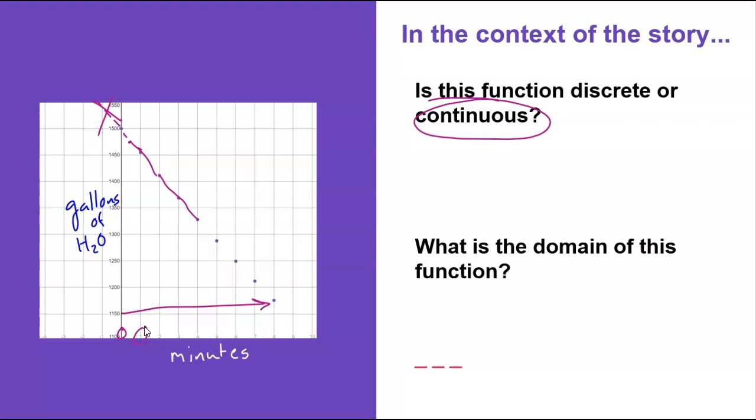Not just the integers. The integers are valid as well, but so is 0.5, so is 1.5, so is 2.2619. All of these numbers in between are valid. So our domain is going to start at 0, and it's going to be everything above 0, including 0. x is greater than or equal to 0 is our domain.